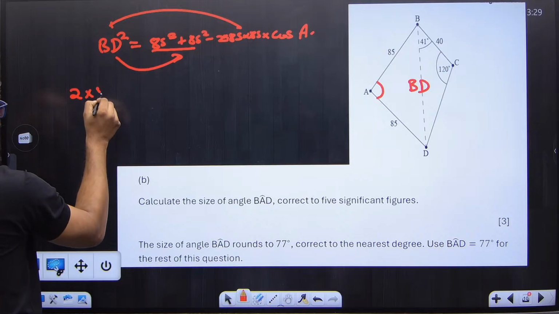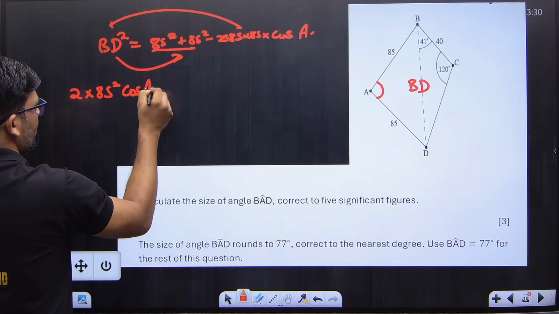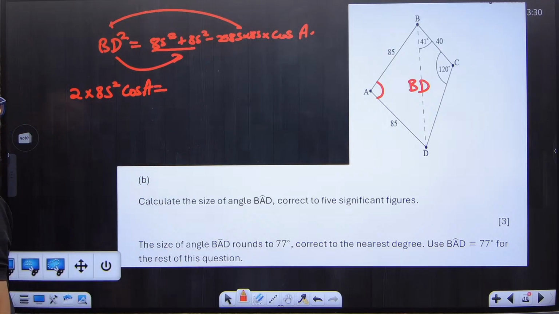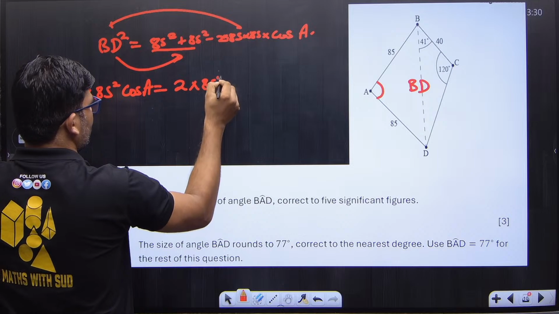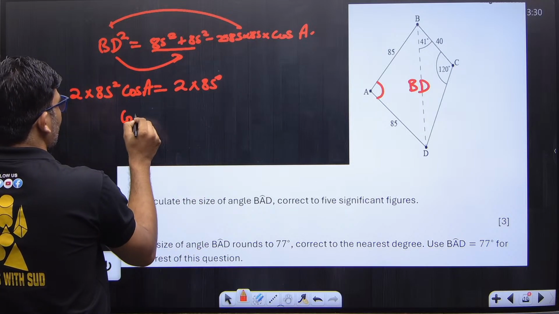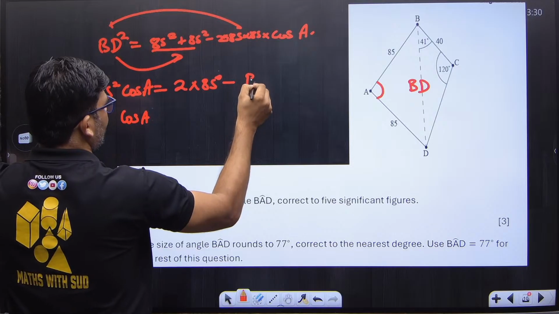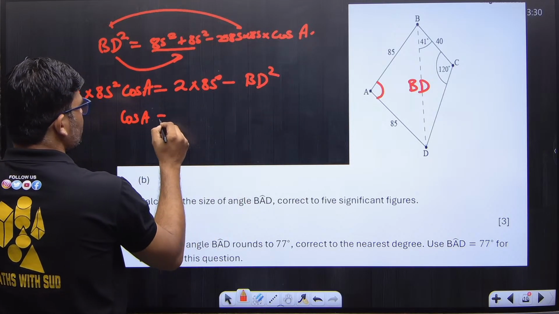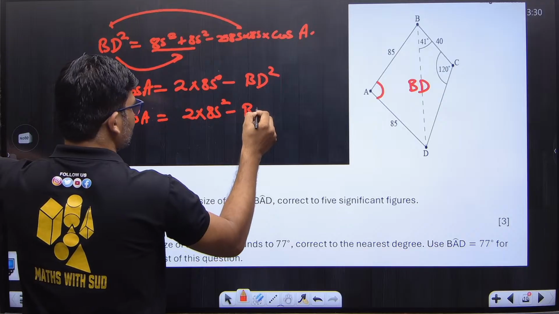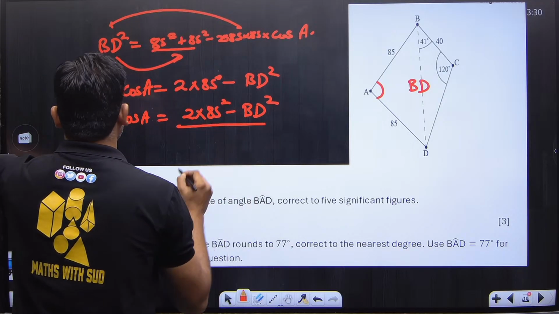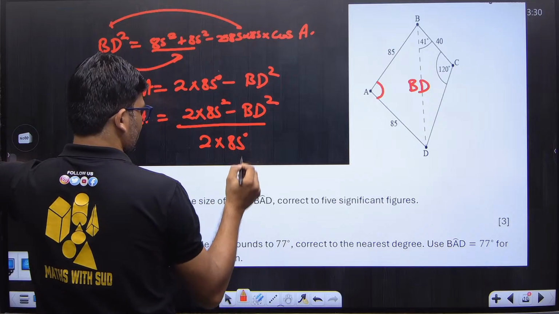So 2 into 85 square cos of A is equal to 2 times 85 square minus BD square. So cos of A will be 2 into 85 square minus BD square divided by 2 into 85 square.